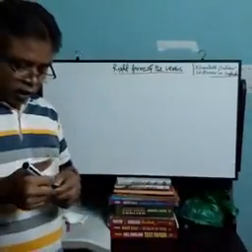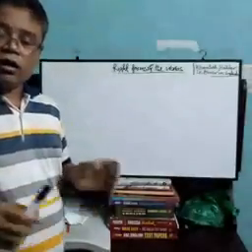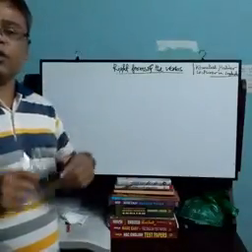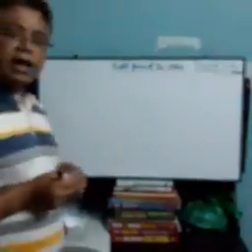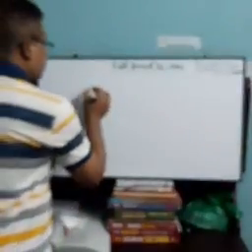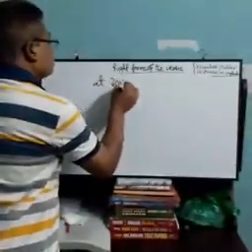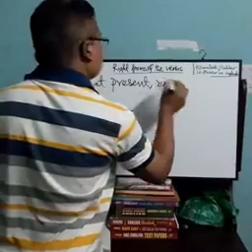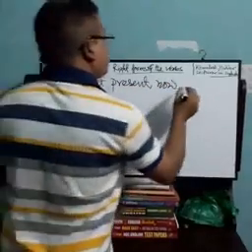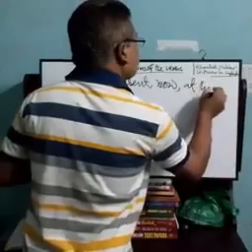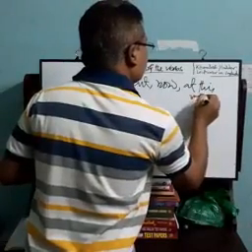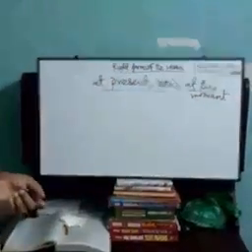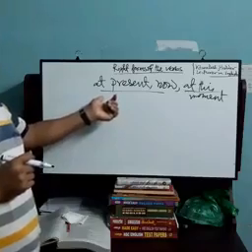But if you do not understand the continuity of the sentence, there are a few words like at present, now, at this moment. If these words are present in the sentence, we will understand the sentence is in present continuous tense.